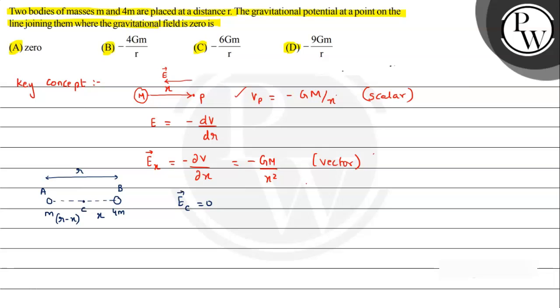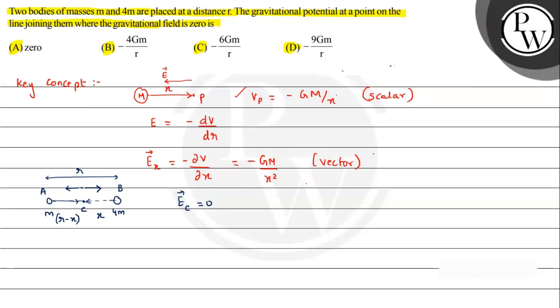From here we can say that the gravitational field due to mass 4m will be towards the right and due to mass m it will be towards the left, since the point is at a distance r minus x from the small mass m and at a distance x from the 4m mass. So the direction of the gravitational field is opposite and the net will be 0.